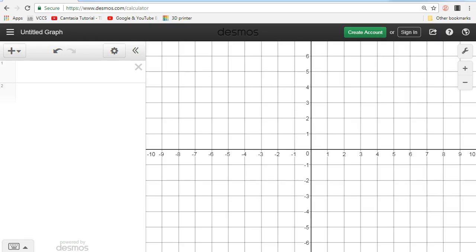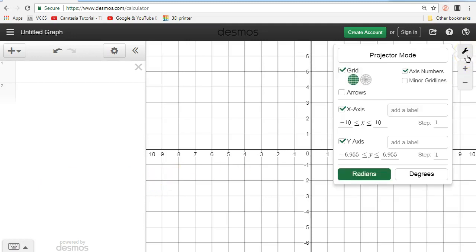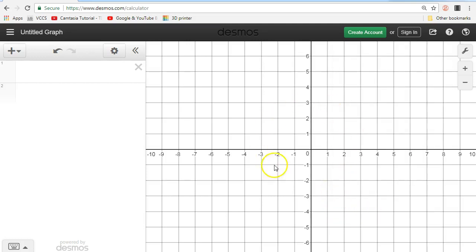So here's my Desmos screen, and I went to the Tools menu here. I turned off the minor grid lines. I set the step size to be 1 for both x and y. And that's how I get this nice clean picture here.